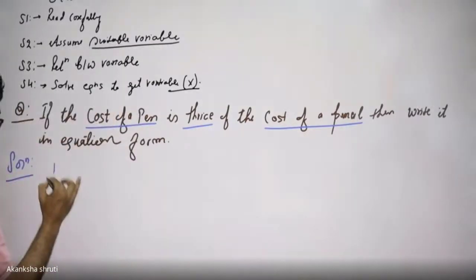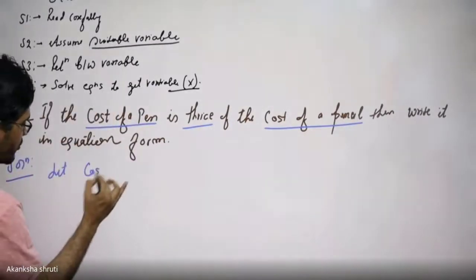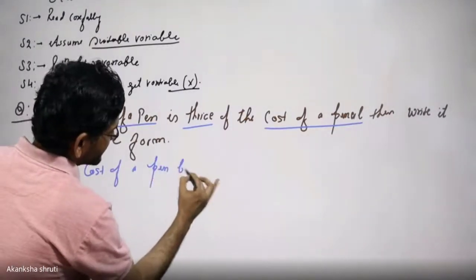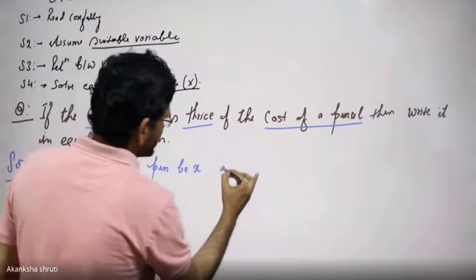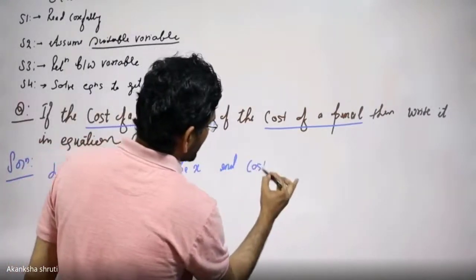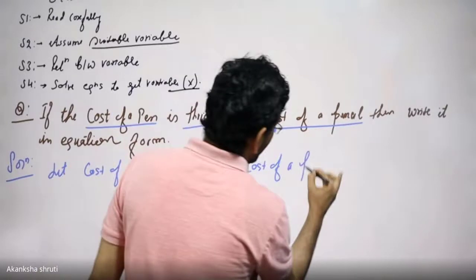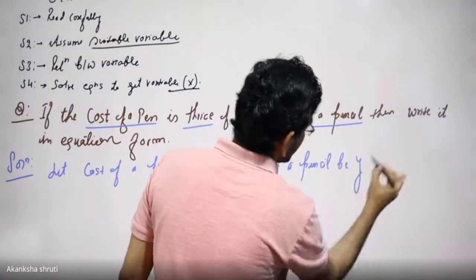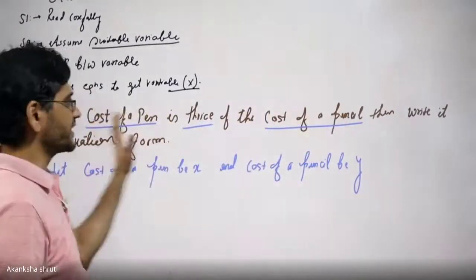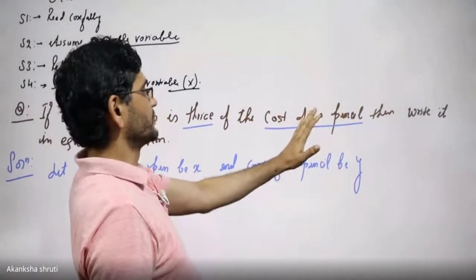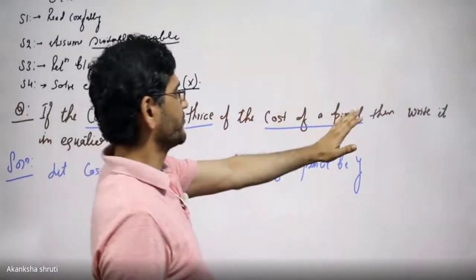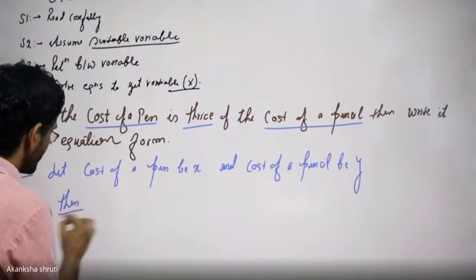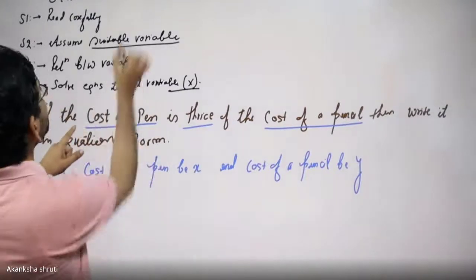So let the cost of a pen be x and the cost of a pencil be y. Two unknown things are there. One is x, which is the cost of the pen, and another is y, which is the cost of the pencil. Then what is the condition given?